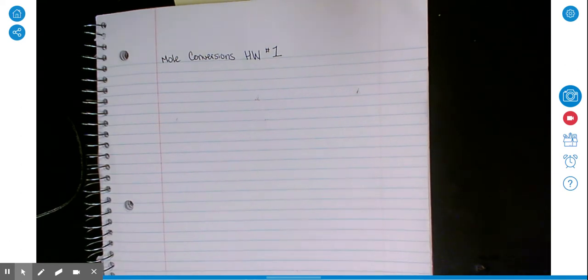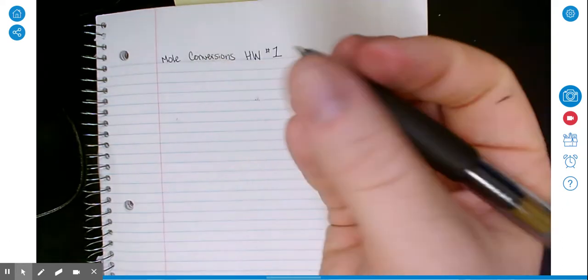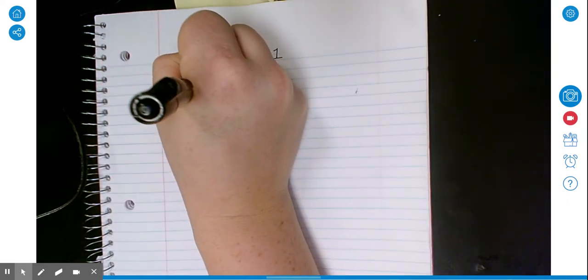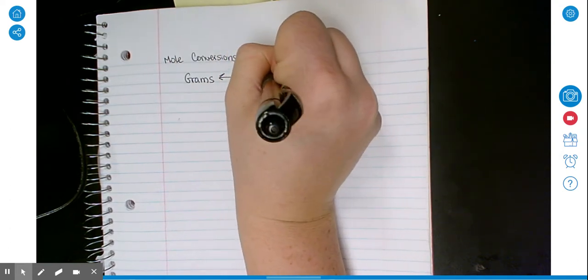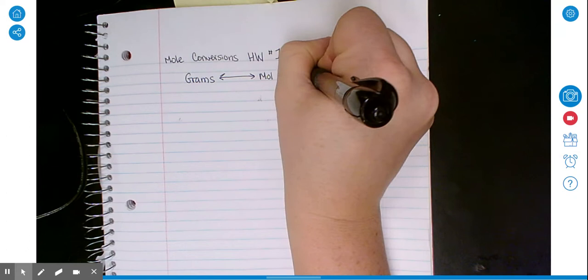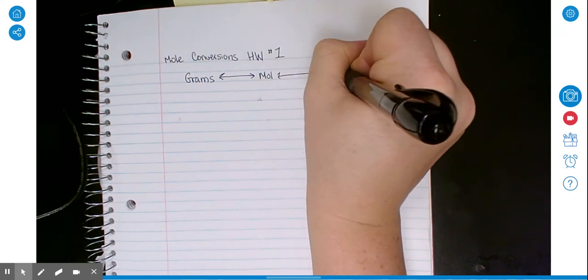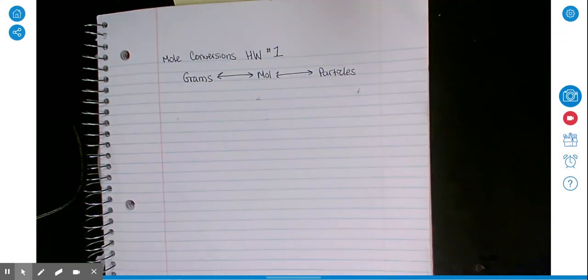So 6 examples, we're going to do 3 of them together. If you think you've got it, pause the video, try and do it, and then play it back later on your own. But working on mole conversions, remember we're working with this 3-step mole bridge where we can go from grams to moles and from moles to particles for any substance.